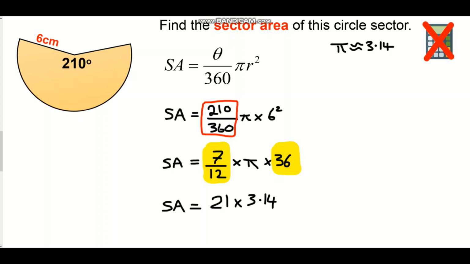Okay, so how am I going to approach 21 times 3.14? I'm probably going to do 20 times 3.14, and then add on at the end another 3.14. And that'll give me 21 lots of 3.14. So to multiply by 20 is nice and easy.